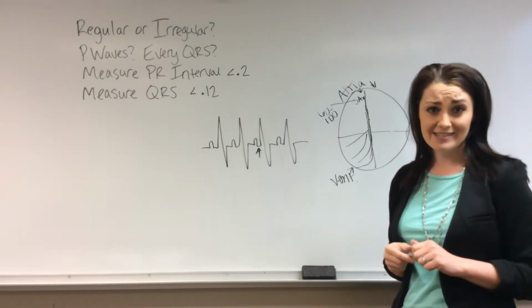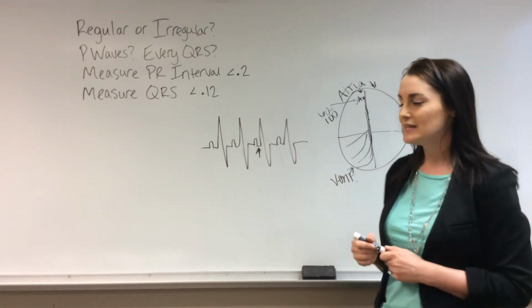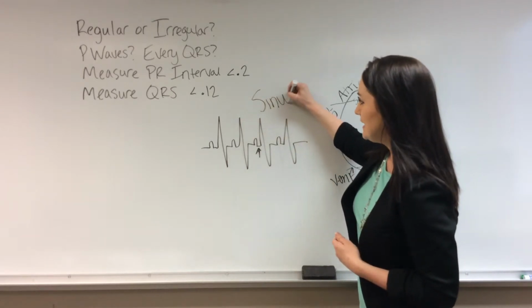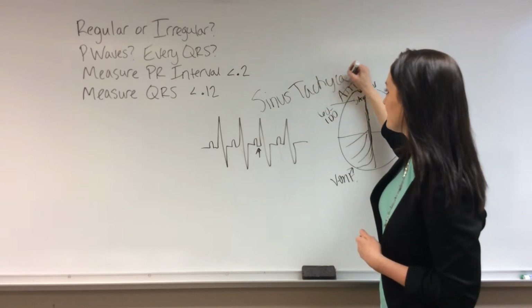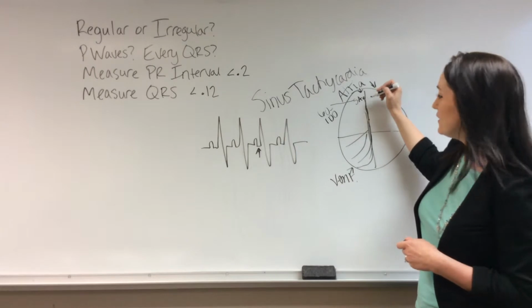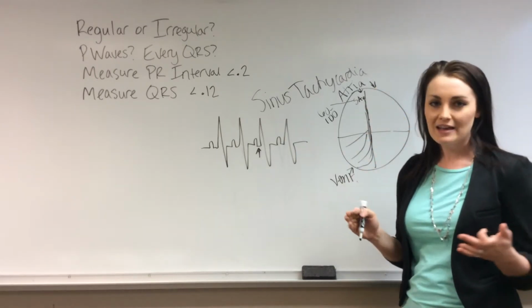It's just fast. This is a faster than 100 beats per minute rate. And so what we would call this is sinus tachycardia. So still, the impulse is coming up from the SA node, just like we want it to, traveling down the right conduction pathway.